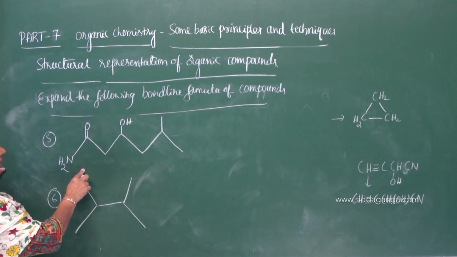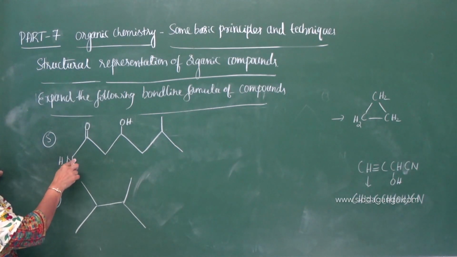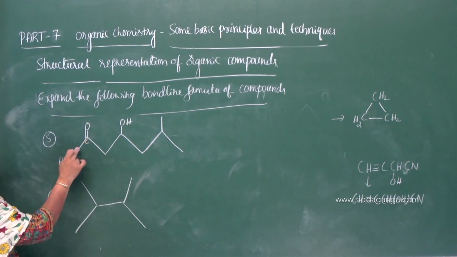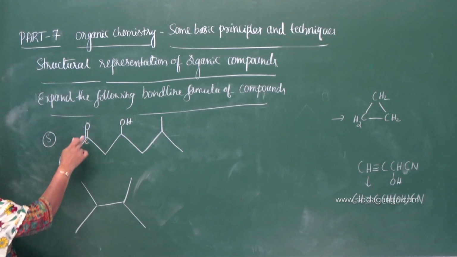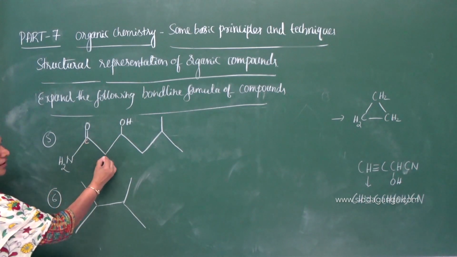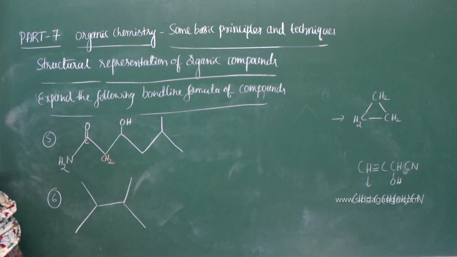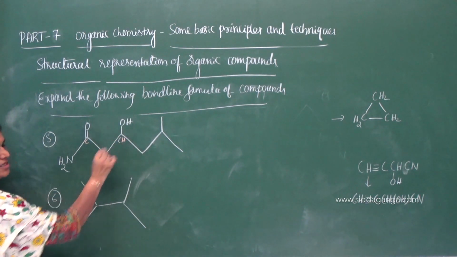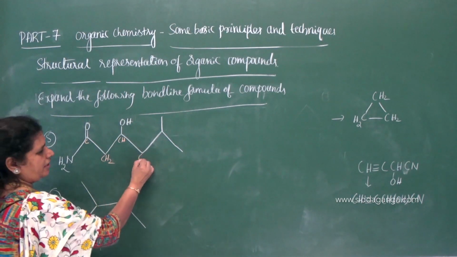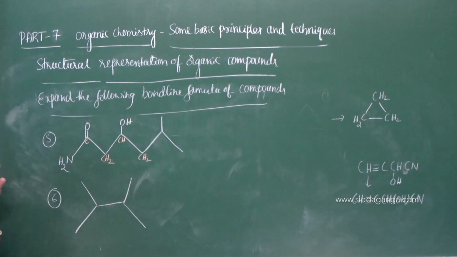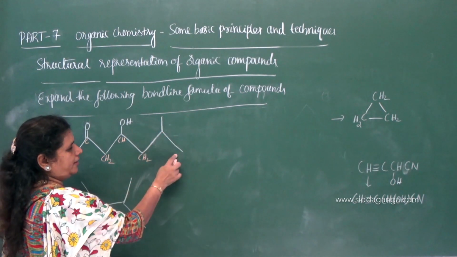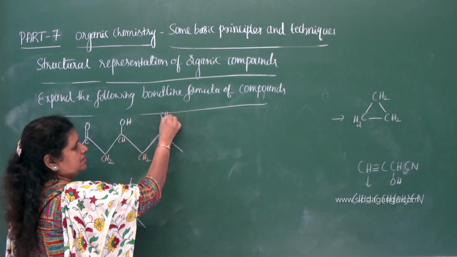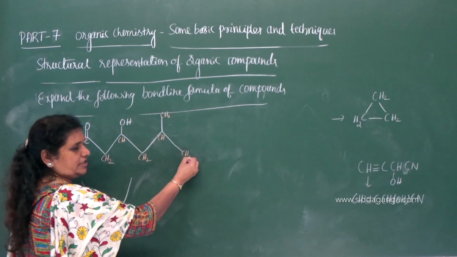Here is NH2, no carbon, and here is one carbon with no hydrogen atoms because it is forming four bonds, 2 plus 1 plus 1, and here one carbon and two hydrogen atoms. This carbon is already forming three bonds, therefore it is CH, and here CH2 because there are only two bonds by the carbon. Here it is already forming three bonds, therefore it is CH. You know that the terminal one is CH3, and this is also CH3.